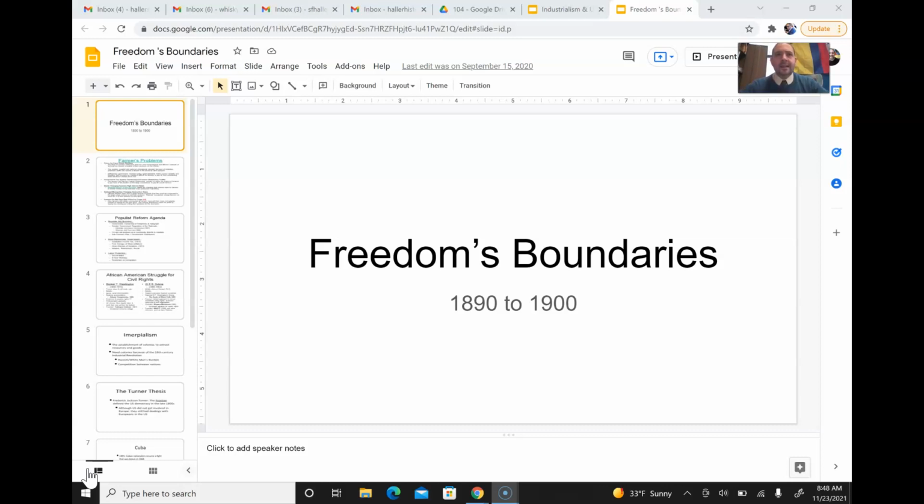One of the things that has been a persistent issue throughout this course has been the problem between the urban North versus the rural South.